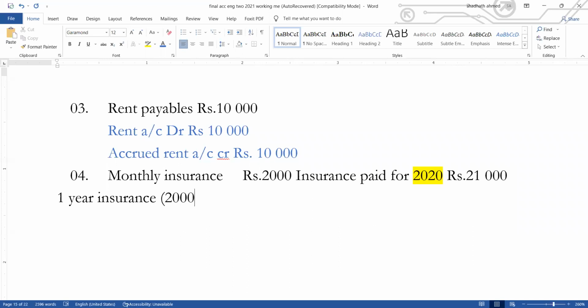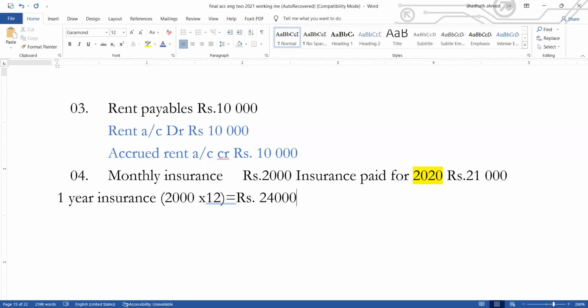So 1 year insurance will be 2,000 into 12, equals rupees 24,000. 1 month insurance is 2,000. So first you have to find for 2020, that means 1 year, what will be the total insurance?